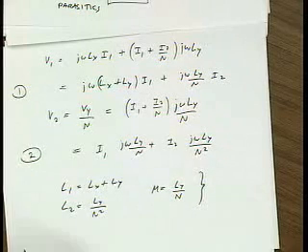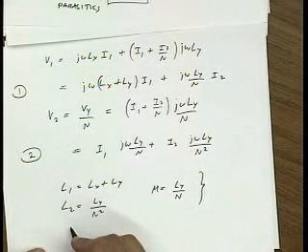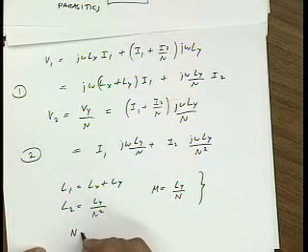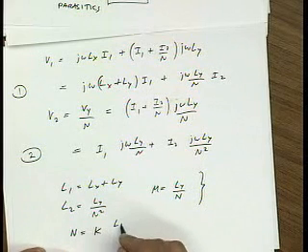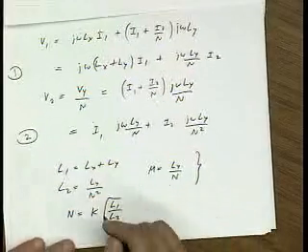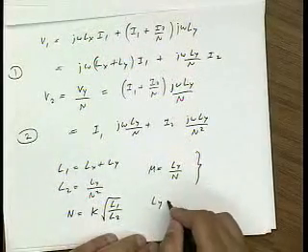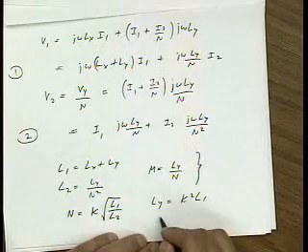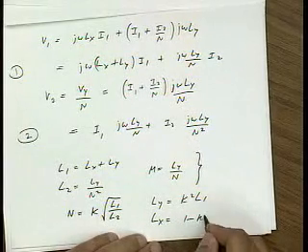And so I could solve these three equations, and you'll find that N for the ideal transformer is k square root of L1 over L2. Ly is k squared L1, and Lx is 1 minus k squared L1.